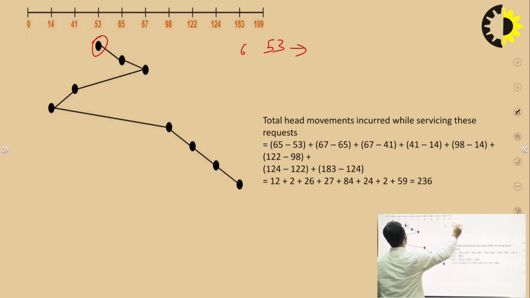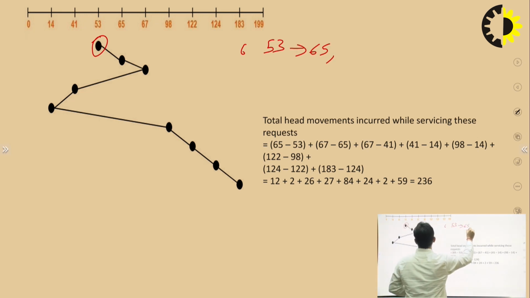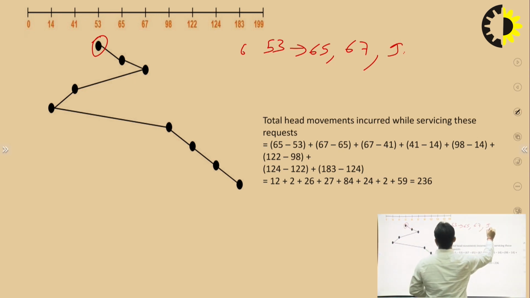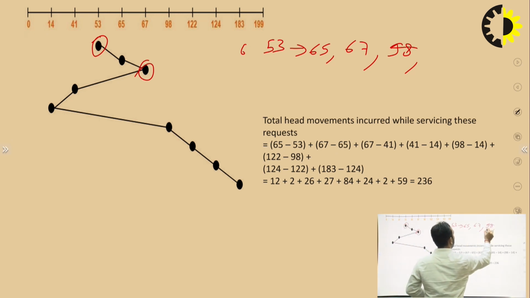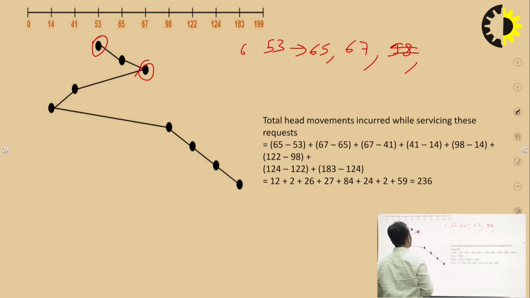After that, it will go to 65, then 67, then 98. After that, when it is at 67, it will calculate the difference between the next locations, that is 98 or 41.